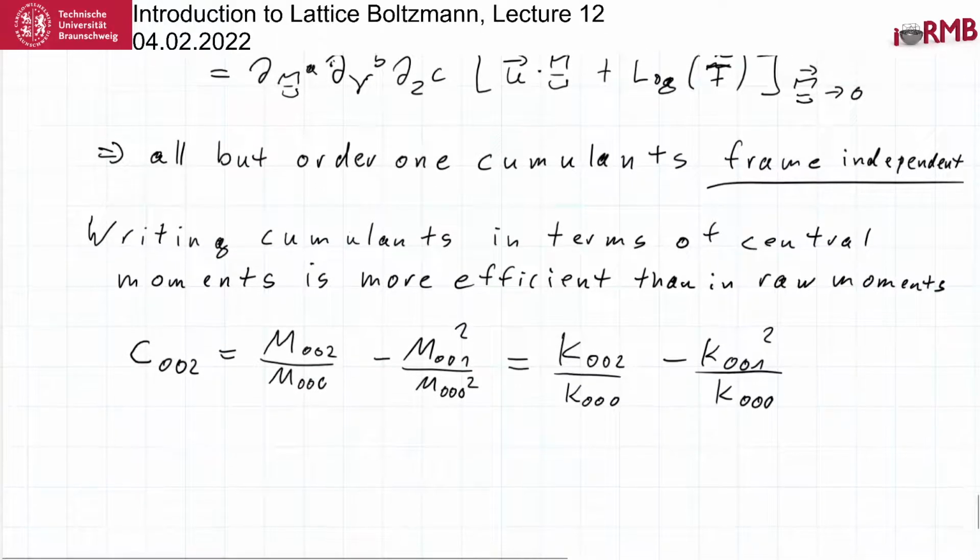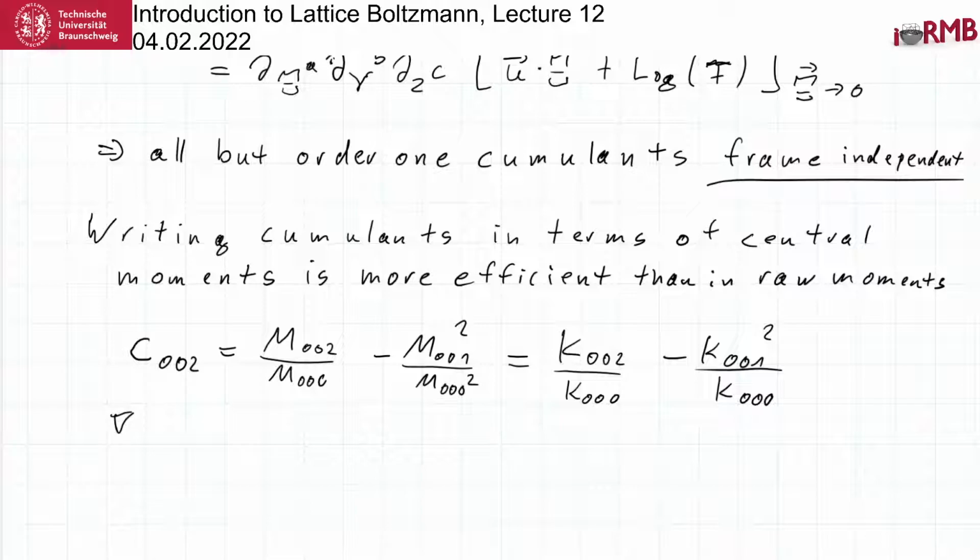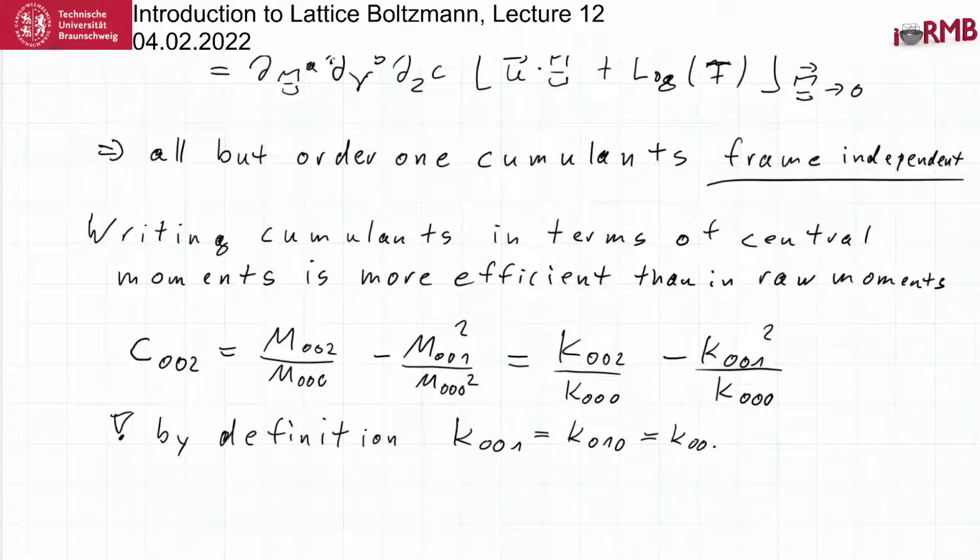The difference is, by definition of the central moments, K100 is equal to K010 is equal to K001 is equal to 0. So all occurrences of first order central moments in these equations will simply drop out.